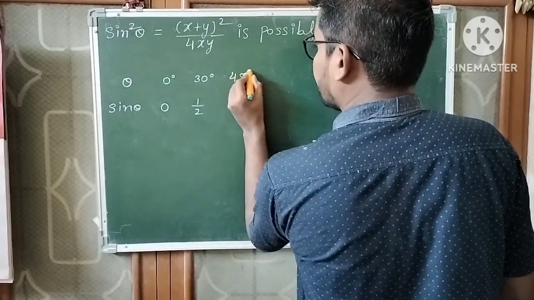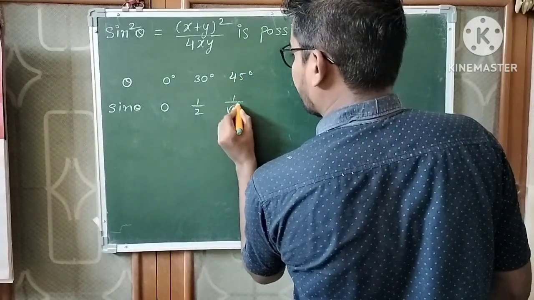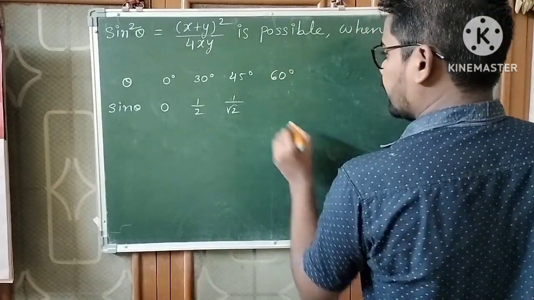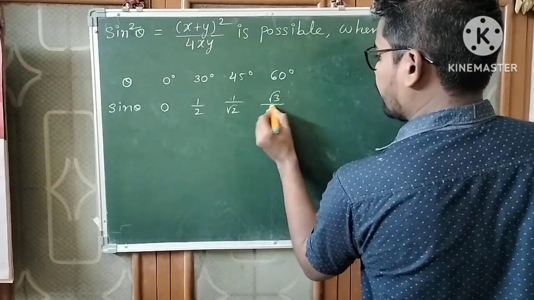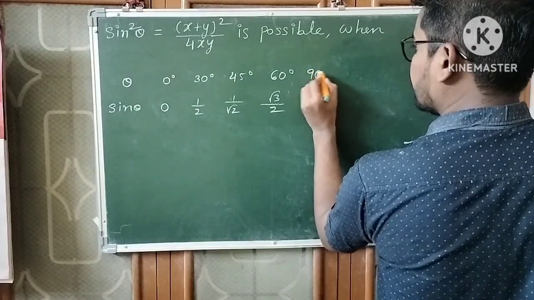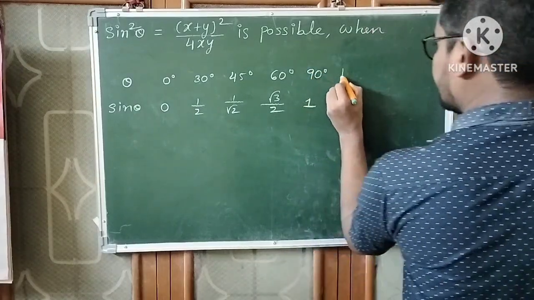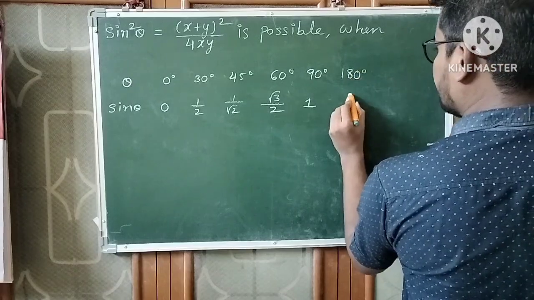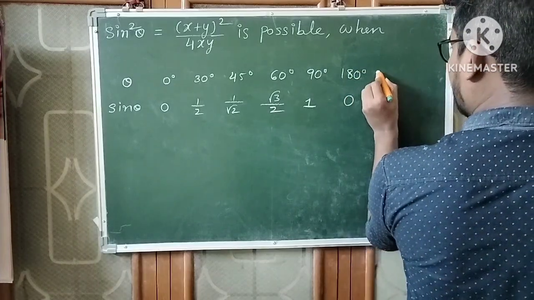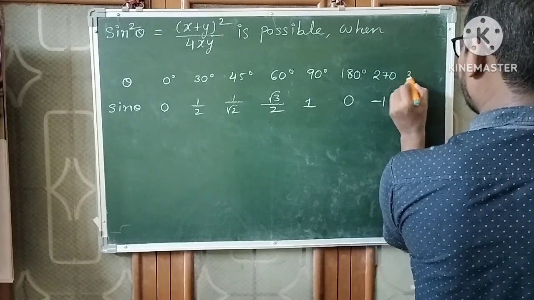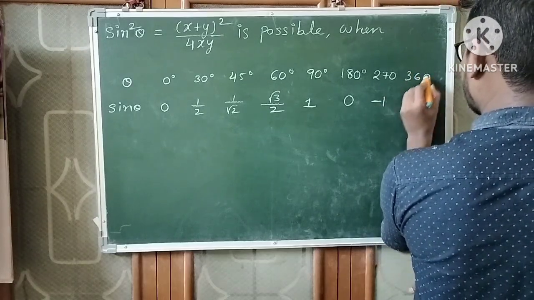Theta is 45 degrees, sine 45 is 1 by root 2. If theta is 60 degrees, then sine 60 is root 3 by 2. Suppose theta is 90 degrees, then sine 90 is 1. If theta is 180 degrees, then sine theta is 0. And if theta is 270, you will get minus 1. And for 360, sine theta is 0.